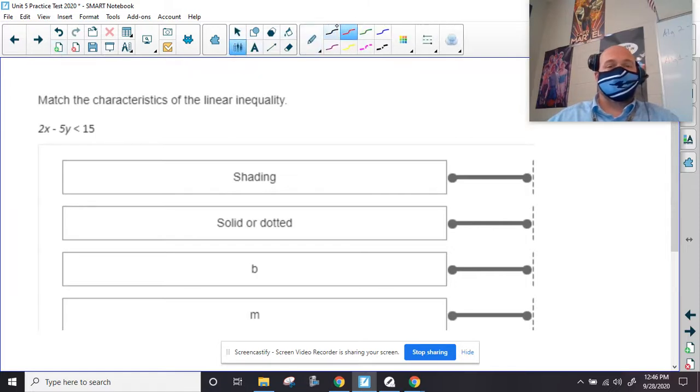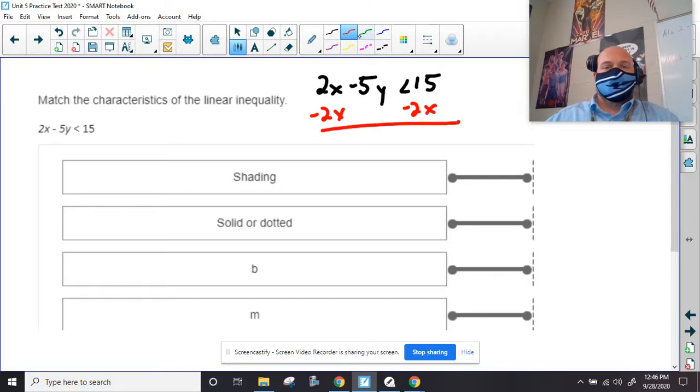Now, this one you got to solve a little bit. Okay, we got to get y on one side by itself. And remember, what is 15 minus 2x? Awesome.